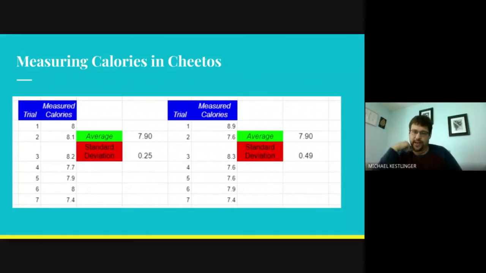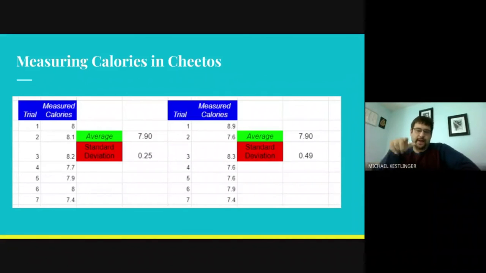Whereas in the right-hand example, the data falls within 0.49 on each side. So your method in the first example is much more consistent compared to the second example. There is a bigger spread in the second example.